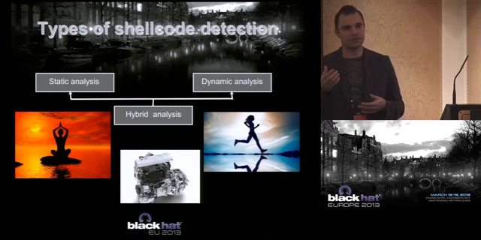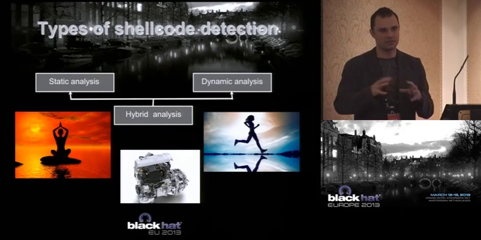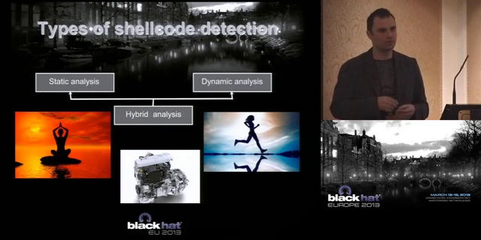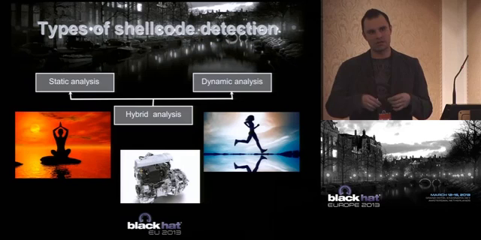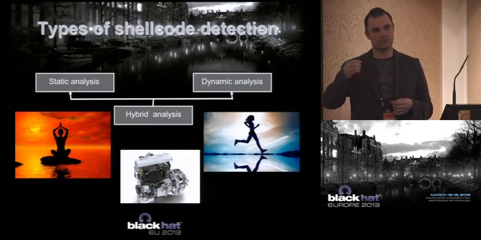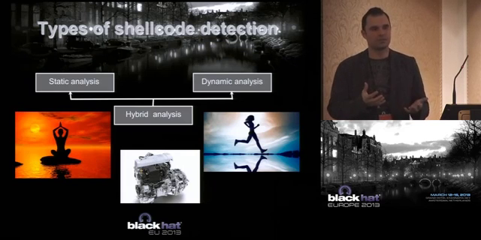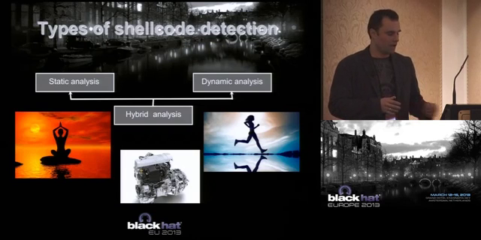This means that for analysis we need nothing but the code. We do not need to run the program to analyze its behavior. Dynamic methods run the program in order to detect what it will actually do.